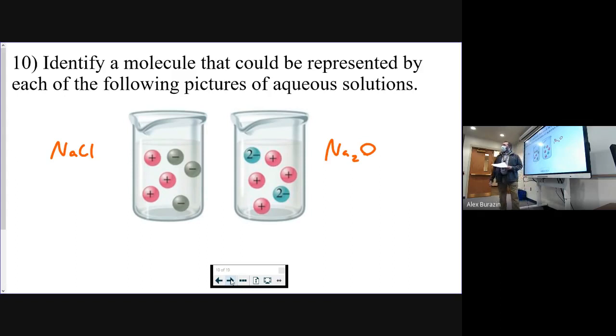Sodium oxide. Sure. I just need a 2 minus 1 plus, right? Sodium sulfate. We could use a polyatomic ion if we're feeling fancy. That's all this is. If you see a picture, don't overthink it.